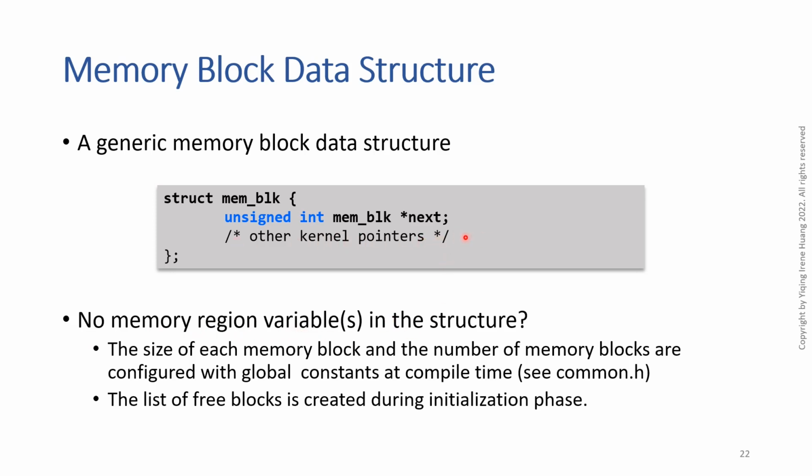Other kernel pointers are usually more specific to the memory block data structure we're using. Well, simply because the size of the memory block is determined at compile time. It is defined in the common.h file. And then during OS initialization time, we will create the list of free blocks. That's a very important step for the OS initialization.